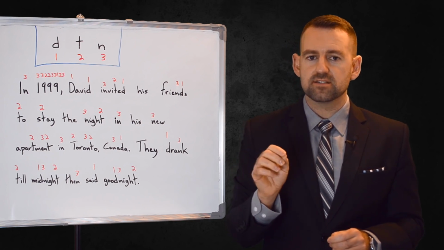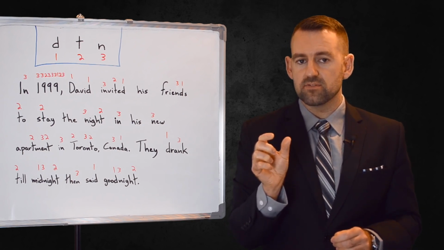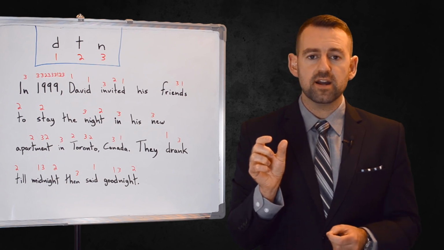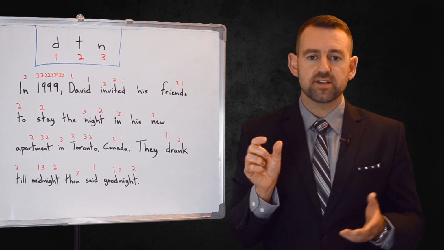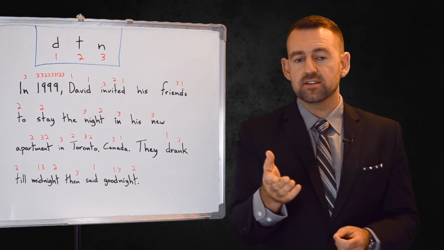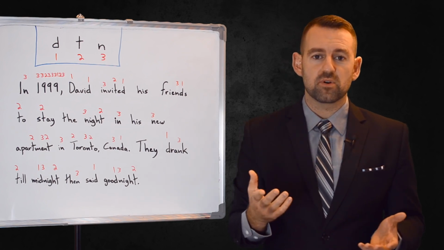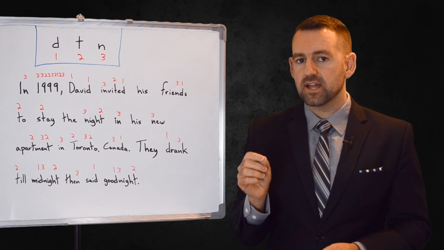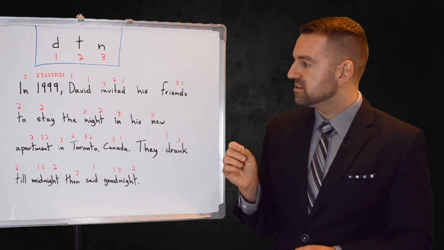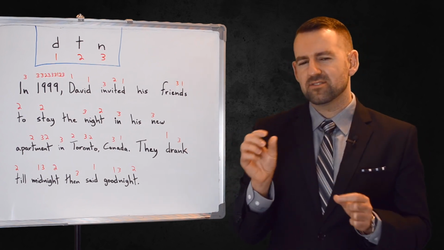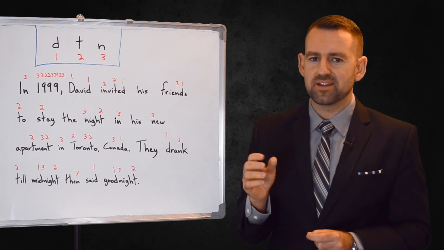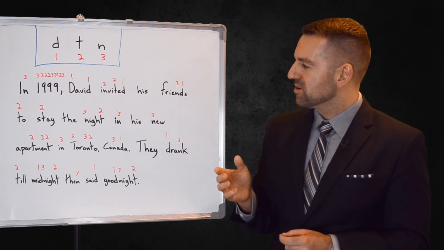But if it stays as the verb, to invite, if I say, I'm going to invite you to my house for supper, then it stays the T, invite. So sometimes, the sounds change a little bit depending on the word.